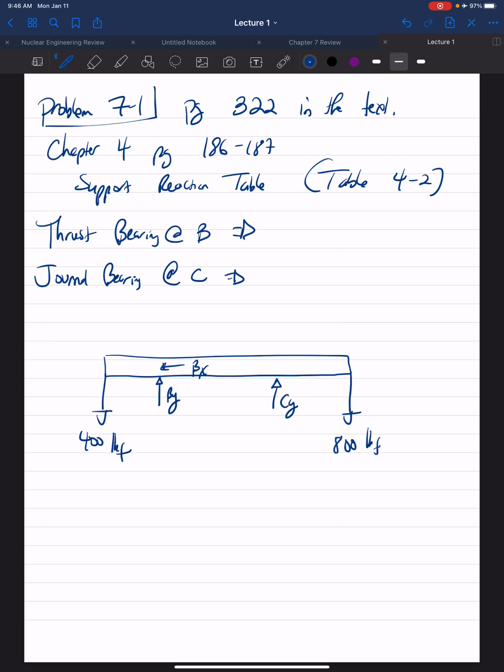And E is right here where we'll make our cut, because that's what the problem is asking. The cross section at E, so we have this section at E.